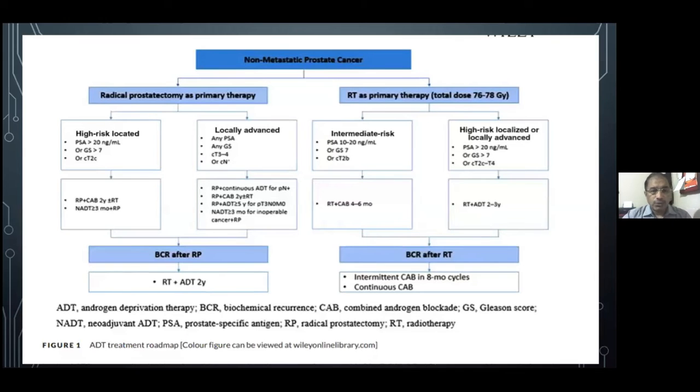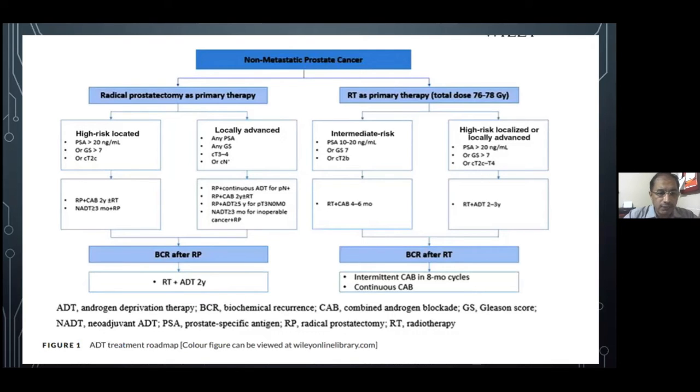So if we have to summarize, as far as non-metastatic prostate cancer is concerned, if you are treating with surgery, then primarily you may not be giving hormonal therapy to these patients. But subsequent to surgery, if the patient is high risk, then you need to consider hormonal therapy in this setting.